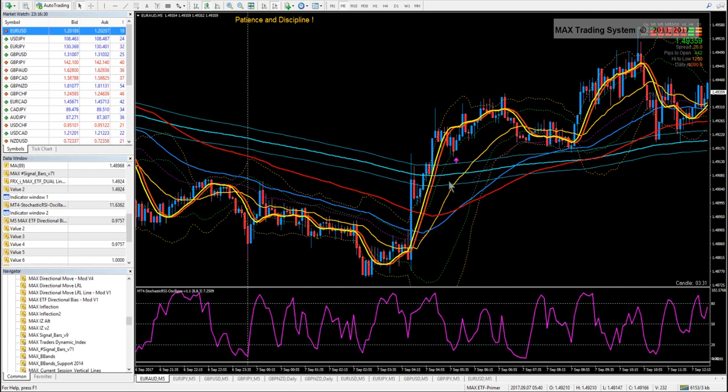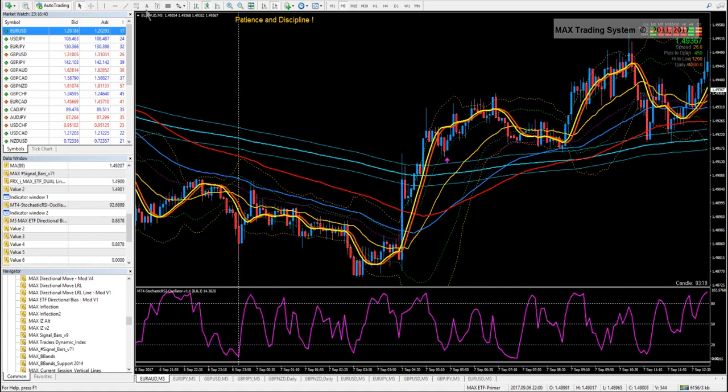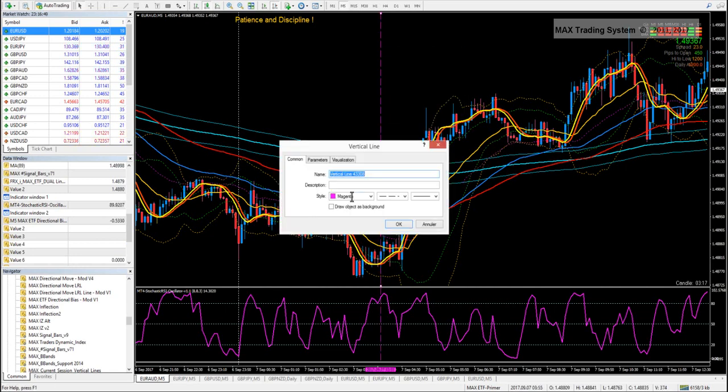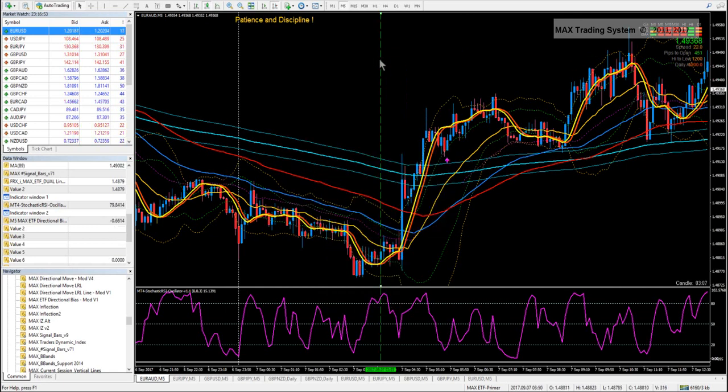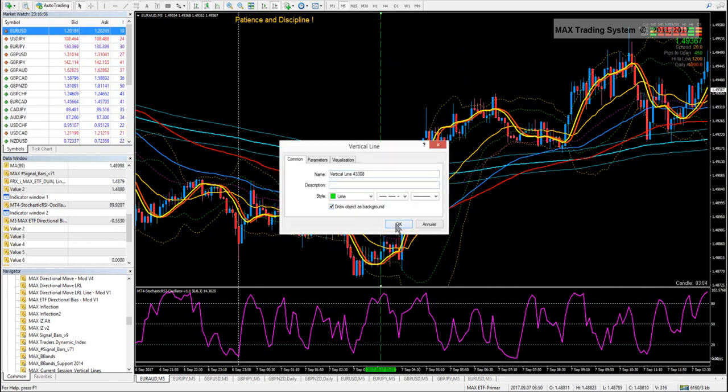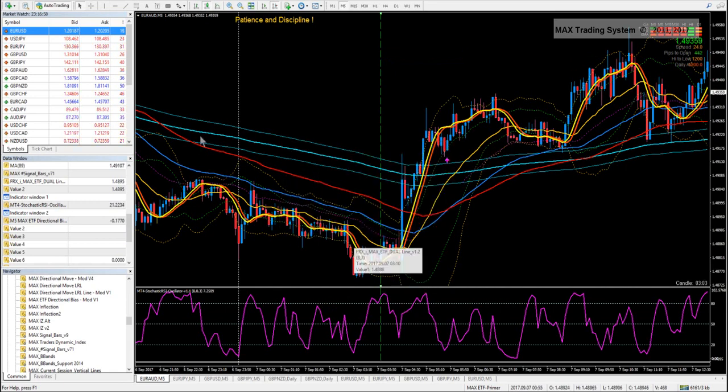Here there is one companion indicator with the Max ETF, which is extremely important and which shows, in fact, a multi-time frame approach and the trend feature of the movement. But in this area, the entry setup is right here, right on this candle. And we like to display our entry setup bar with a green dashed line like I'm doing here. Okay, so this was the entry setup of the Euro Aussie.